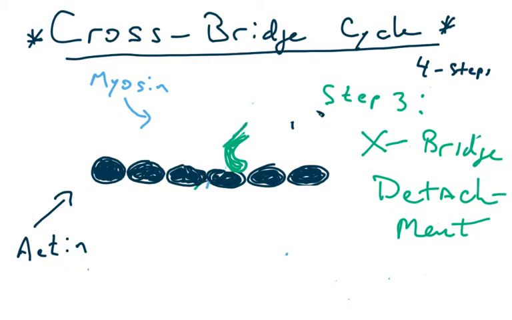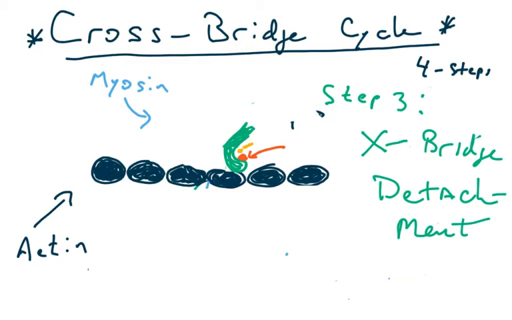And so we have an ATP that comes in and attaches itself to the ATPase portion of the myosin head. Again, our red is our adenosine, and these three little yellow dots are our phosphates.